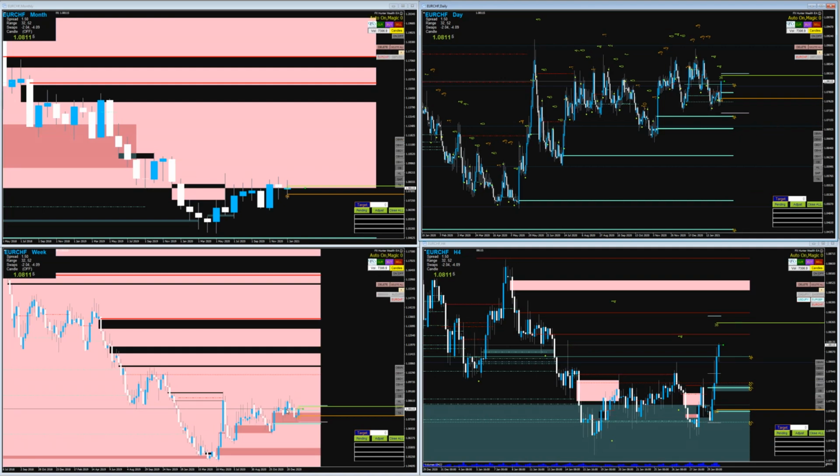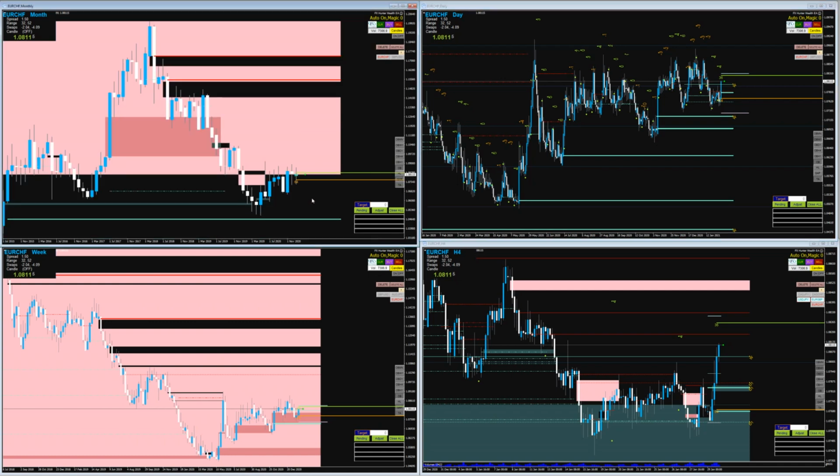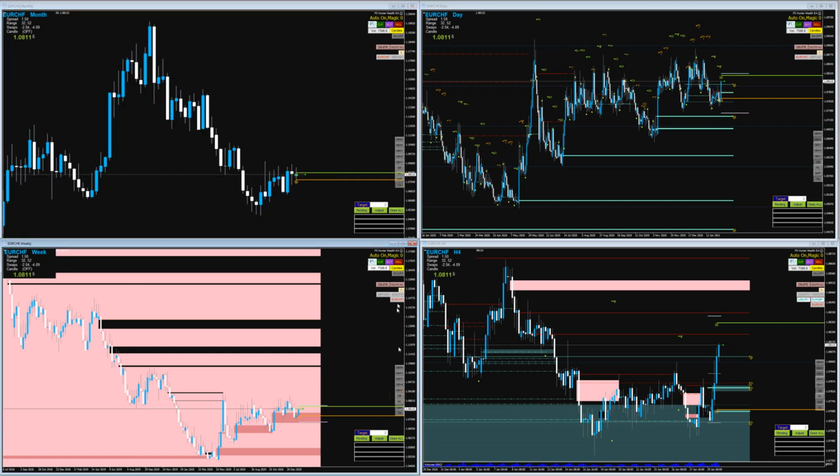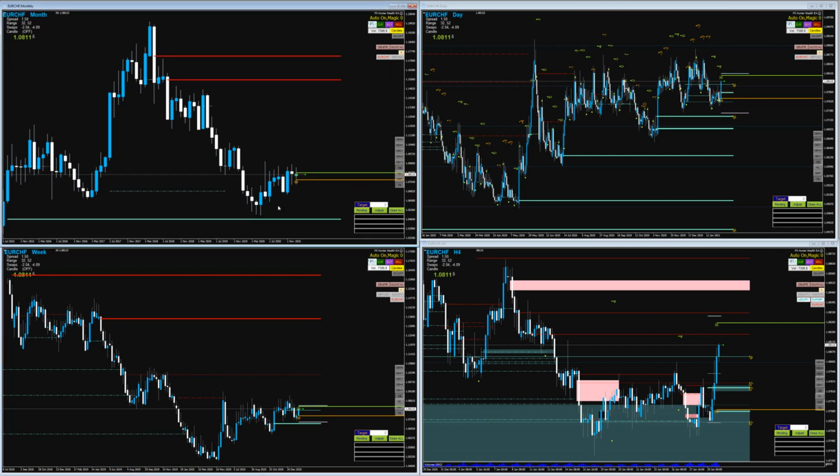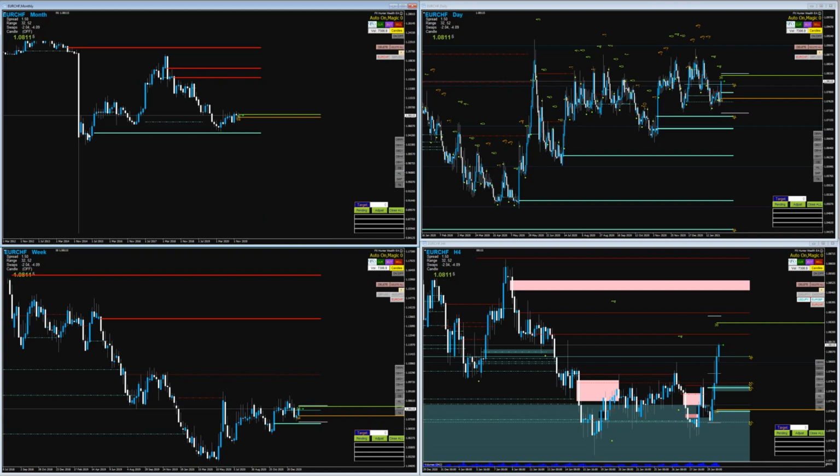Right, so we are seeing here, this doesn't look so nice, because there are big gaps, of course, due to the crash on this market in the past. We can turn these gaps off actually, and we can see just the levels, right? So we are in this weekly level, and here we want to see it almost reach this monthly. However, this one is quite violated, right? So it's not sure if it was reached or not.